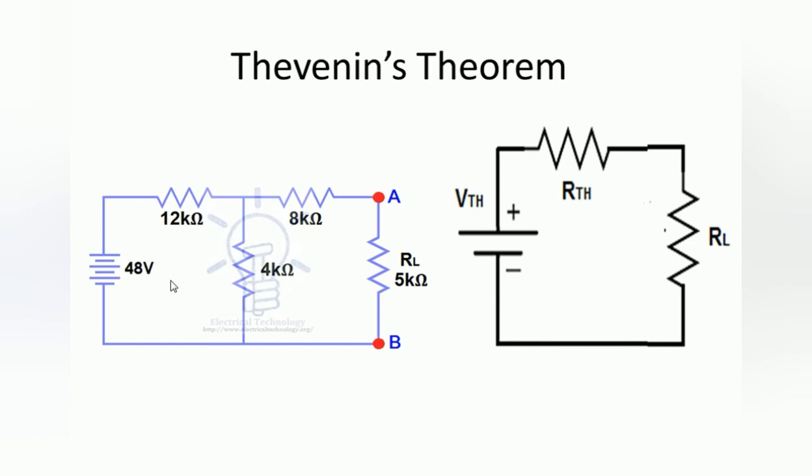After opening the current source and short circuiting the voltage source, we simplify the resistances, that is, calculate the equivalent resistance of that network. After getting the value of RTH, the load resistance is finally added to the Thevenin's equivalent circuit, and by applying Ohm's law, the current flowing through the load resistance is calculated. The voltage across the load can also be calculated using this Thevenin's theorem method.